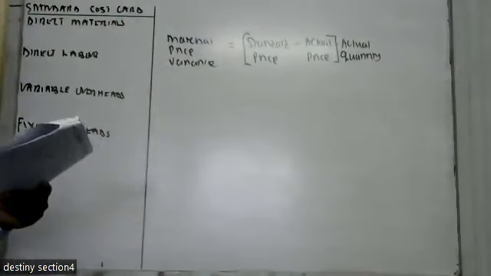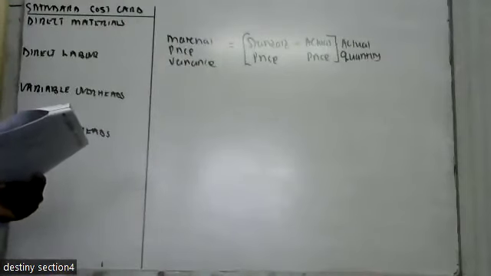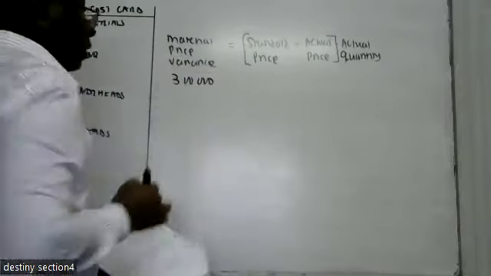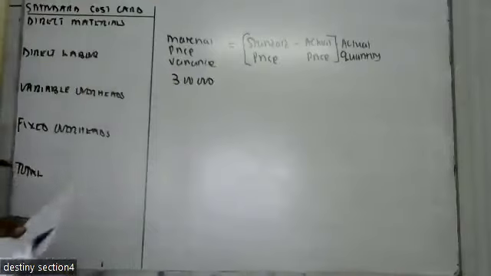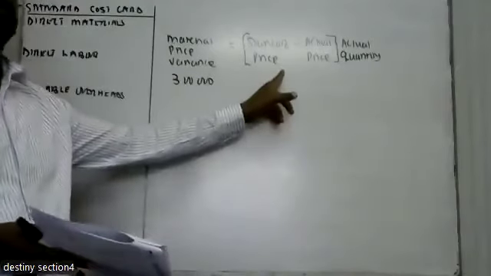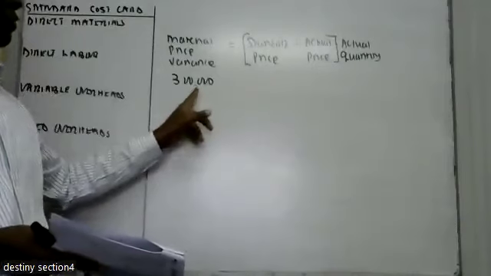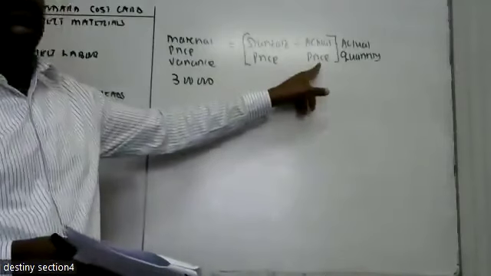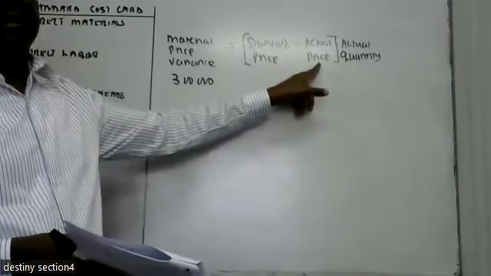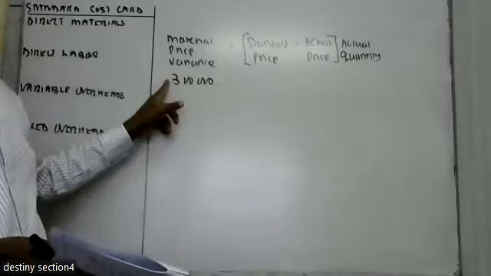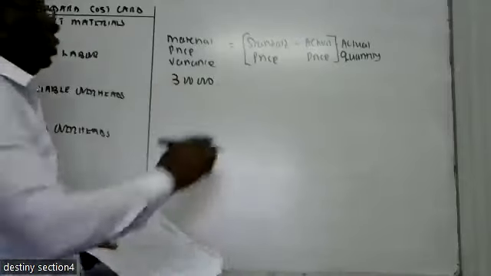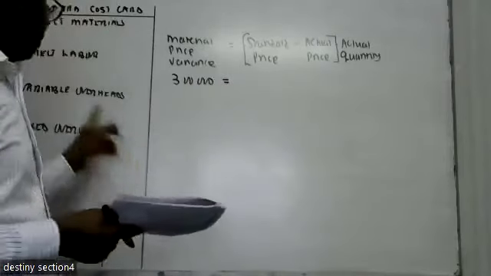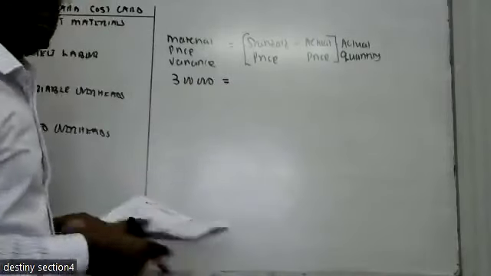According to the examiner, the material price variance was 300,000, which was favorable. Mathematically, since it was favorable, it means the actual price was less, so this is positive. It should be equal to standard price, that's why we are making the standard card.